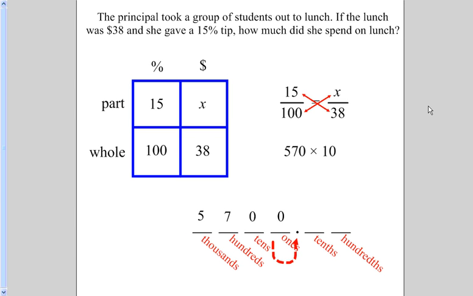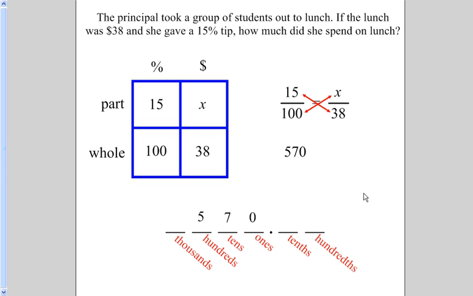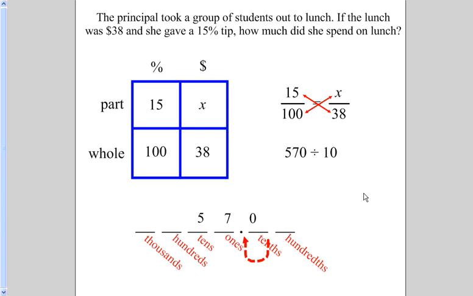So what was 5 hundreds would then be 5 thousands. Now, if we were going to divide by 10, we would move the decimal one place over to the left. So what was 5 hundreds would then be 5 tens.